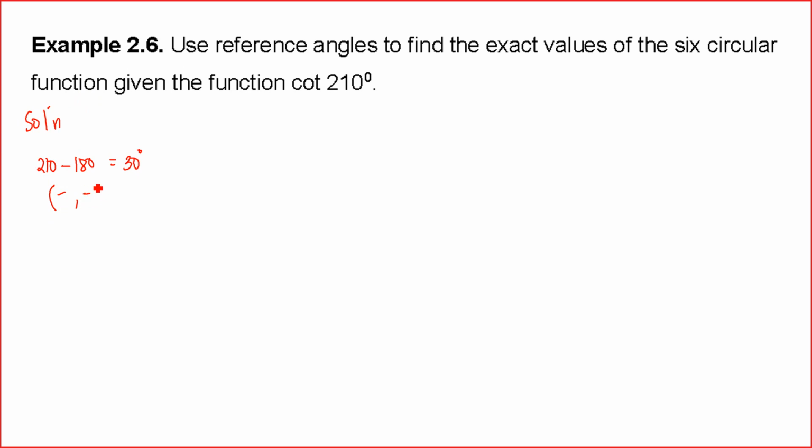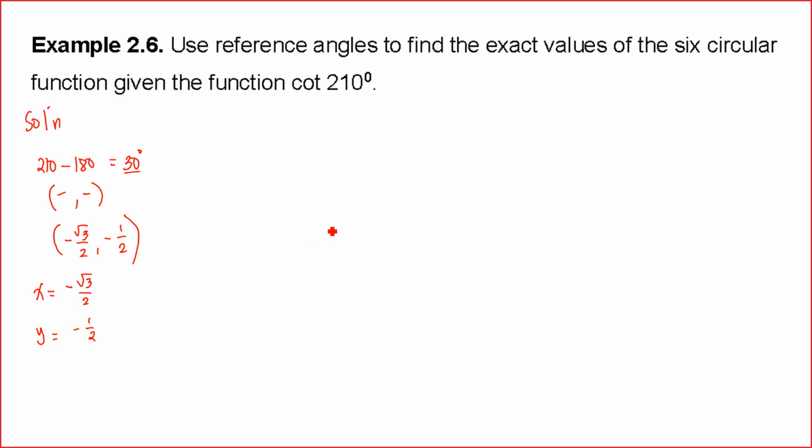Since it is 30 degrees, from the previous discussions we can have the point in the unit circle whose central angle is 210 in the standard position: negative square root of 3 over 2, negative 1/2. In other words, our x is negative square root of 3 over 2, and our y is negative 1/2.